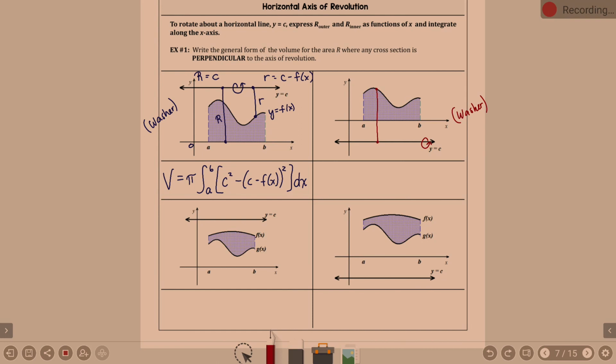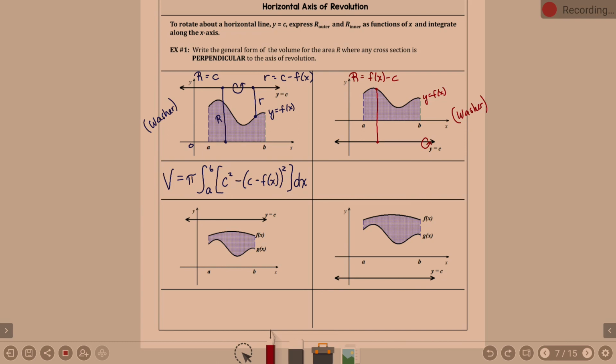Now, the difference is on this one, what's on top? I'm going to call this curve f of x again. So big R is going to be f of x minus c. The difference is that c is below.